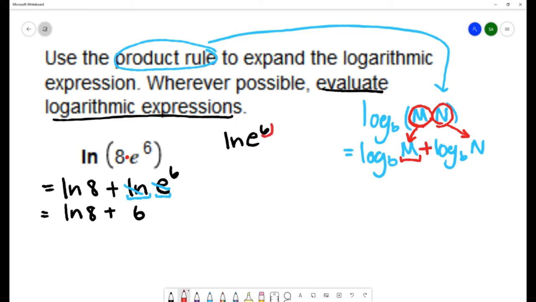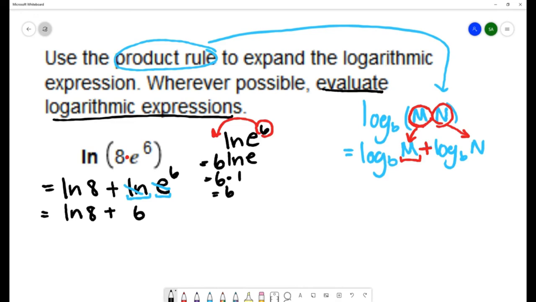The power rule for logarithms allows us to take this 6 from the exponent and move it to the coefficient. So we could write 6 natural log of e. And we know that natural log of e is 1, so we get 6 times 1 is 6. That's another way to simplify.